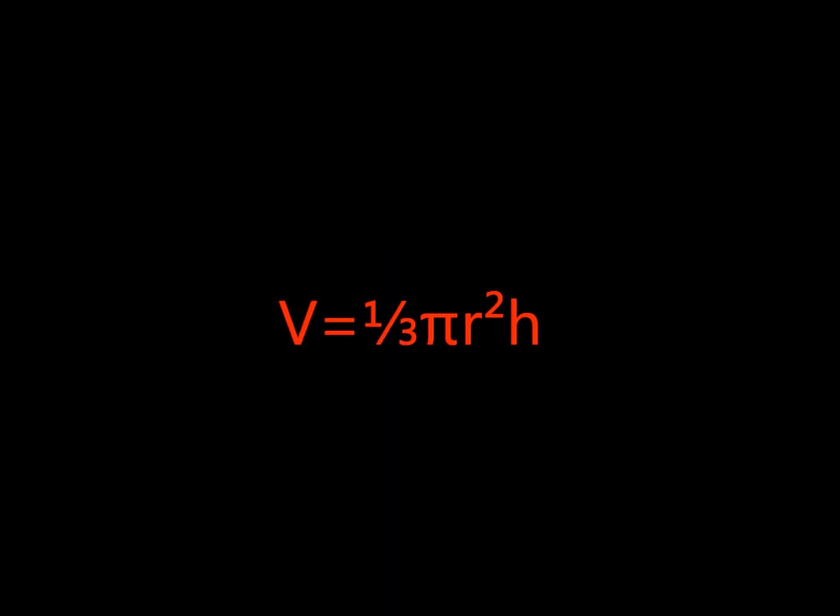Now we go on to calculating the volume. We know that the algebraic equation for that would be V equals 1/3 pi r squared h, which would be volume equals 1/3 pi radius squared times height.